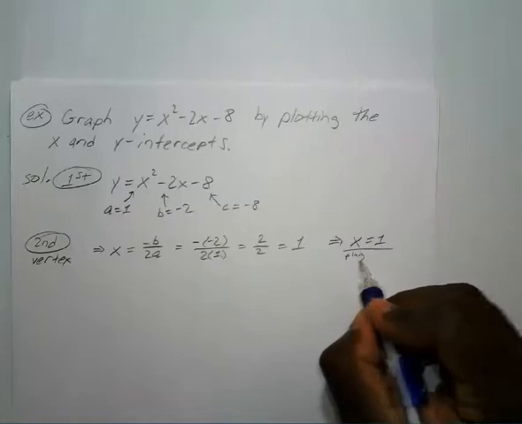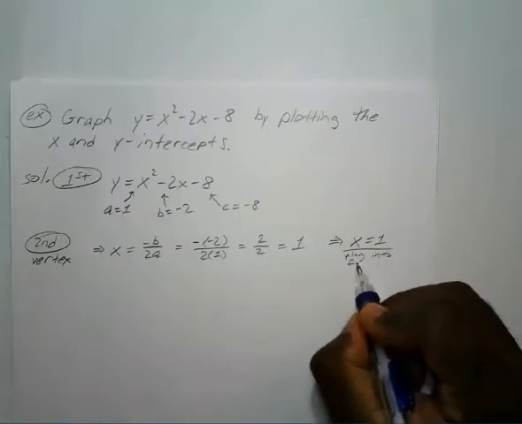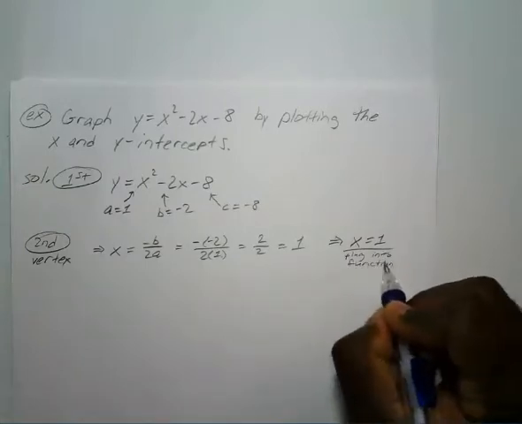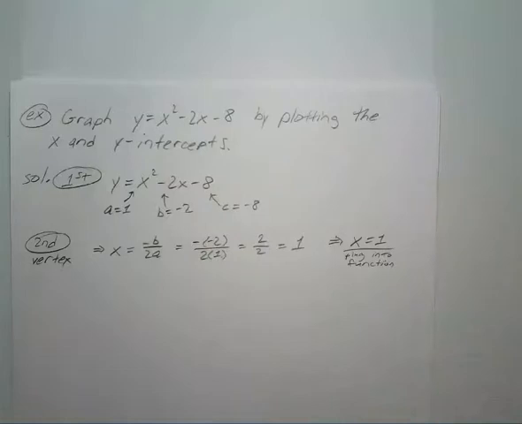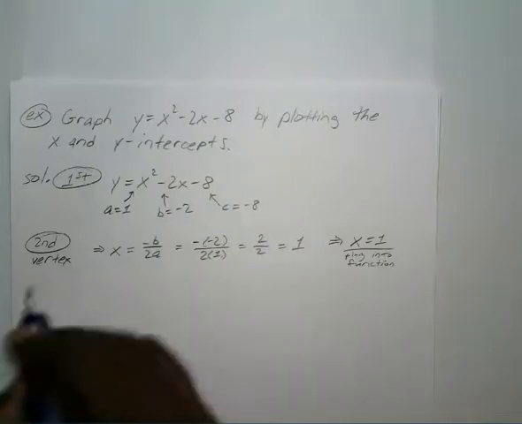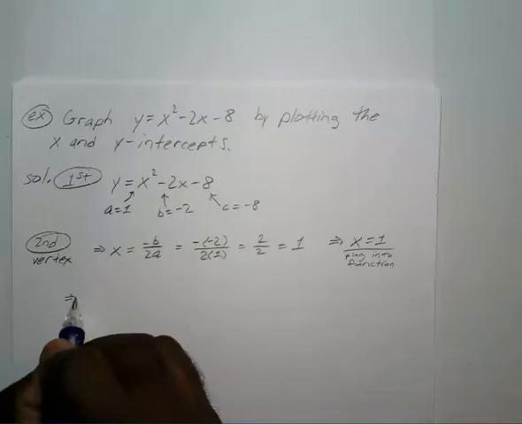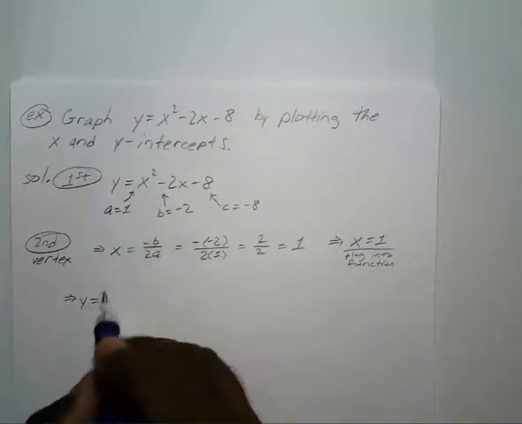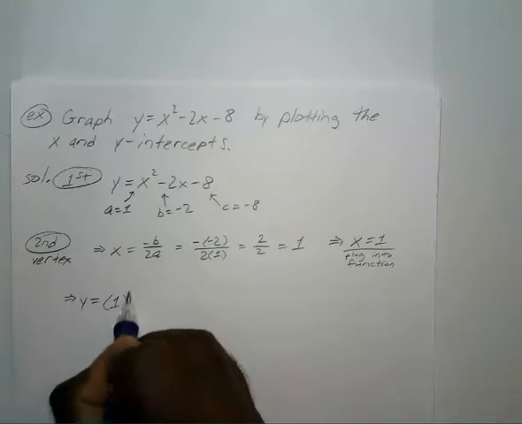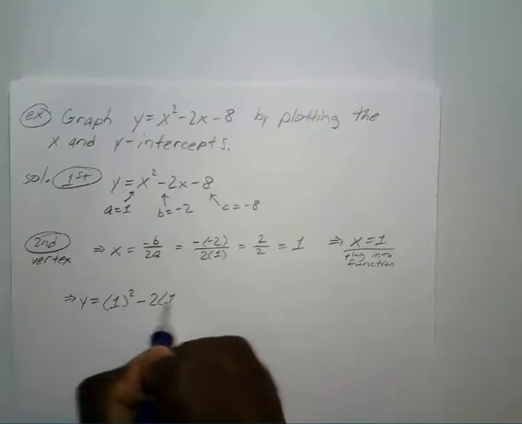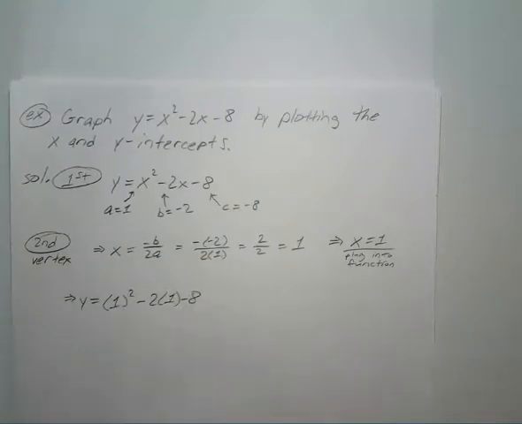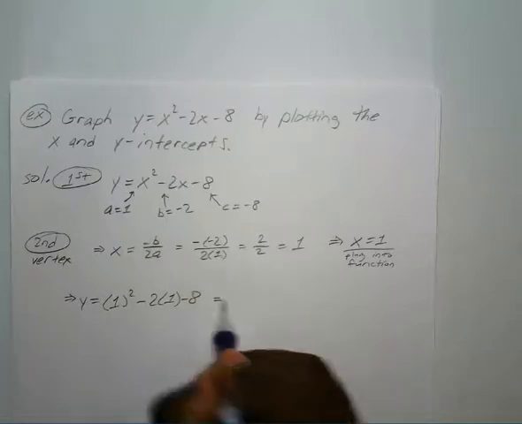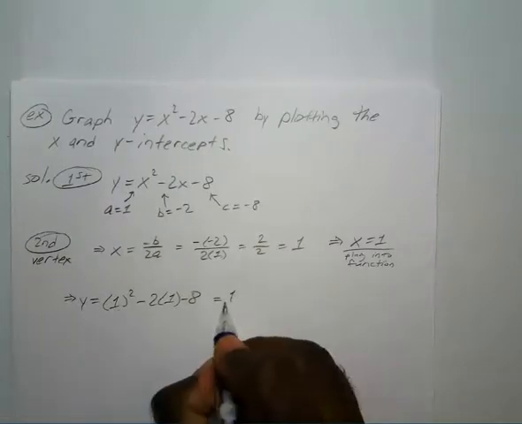And we just plug that into our function. Okay, so that gives us y equals 1 squared minus 2 times 1 minus 8. Okay, so 1 squared is just 1.